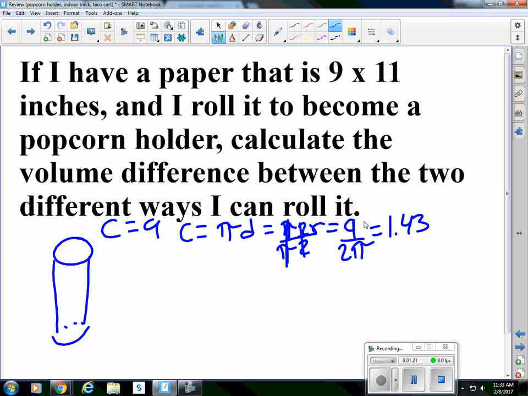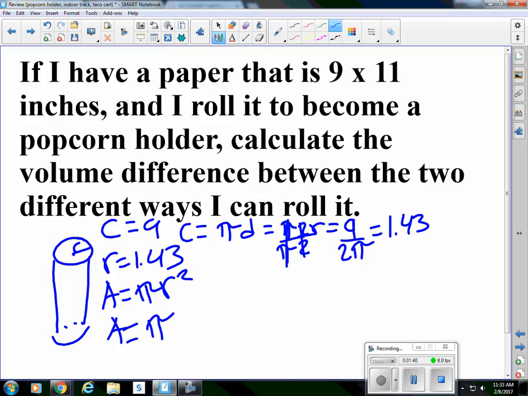And the area of the circle, so now that we know the radius is 1.43, the area is pi r squared. So the area of the circle is pi times 1.43 squared. And so the area is 6.42.